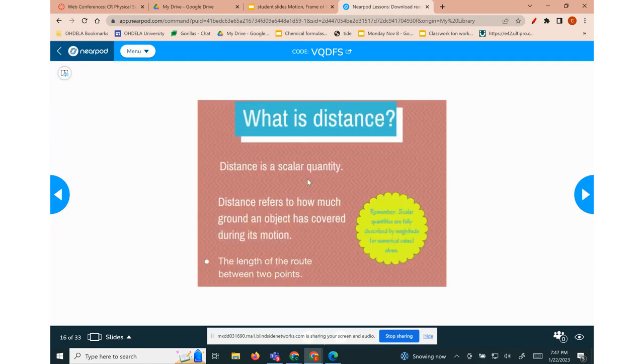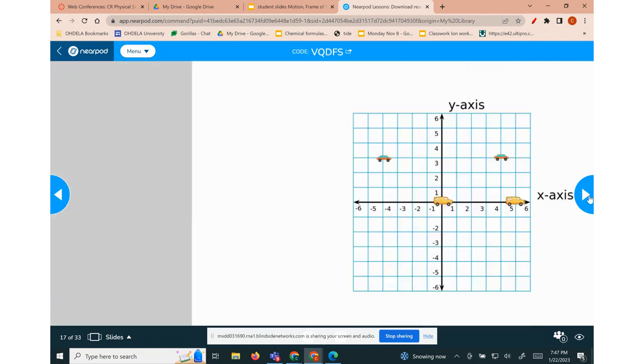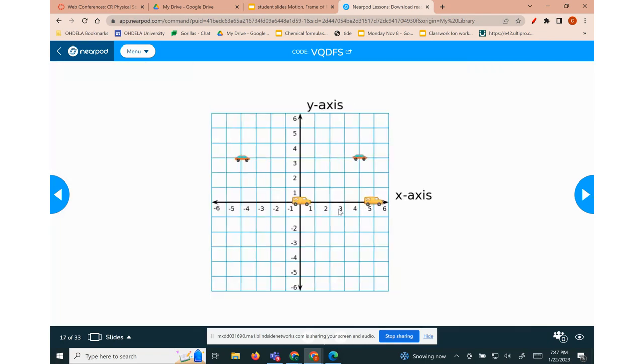Okay. So what is distance? Distance is a scalar. Distance refers to how much ground the object has covered. It's the length between 2 points, right? So the length between 2 points, so let's take a look at this, from 0, 0 to 0, 5 is 5 units.